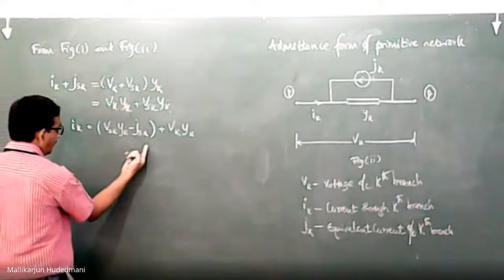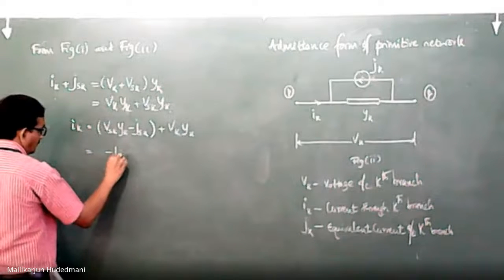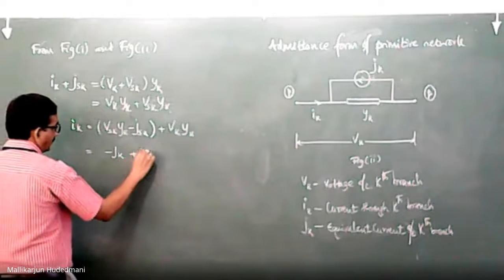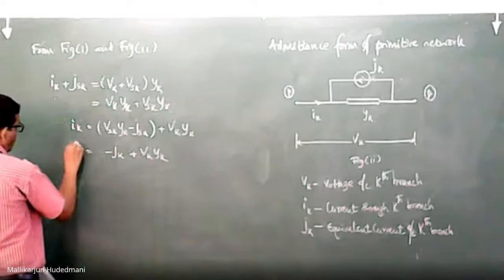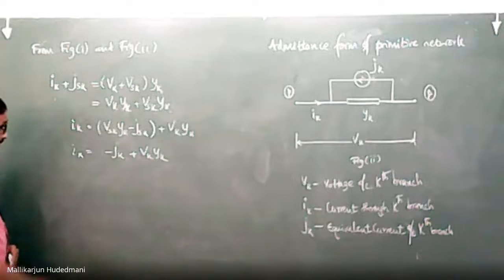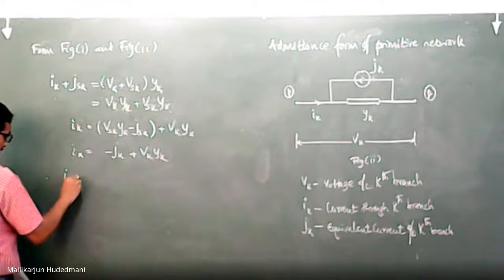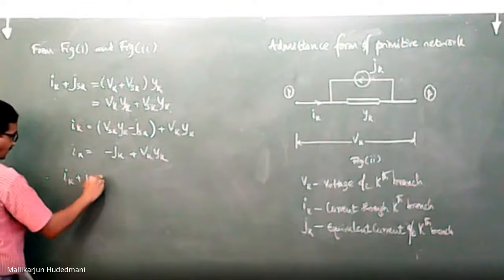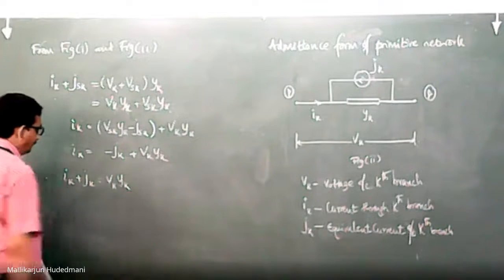This I will take to the other side as minus JK plus VK YK equal to IK. Therefore, IK plus JK equals VK YK.